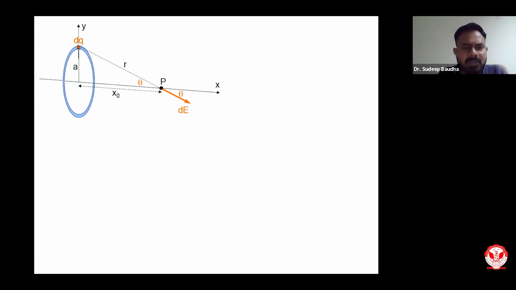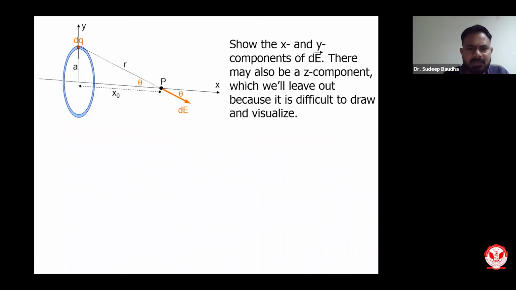Now we are going to evaluate what will be electric field at this particular point. So let us start with this. So we can show the x and y component of dE. There may be Z component also, which we will leave out because it is difficult to draw and visualize. But actually, all Z component will vanish, what I already know, and I will try to explain this also. So Z component will mostly vanish. Even Y component will also vanish.